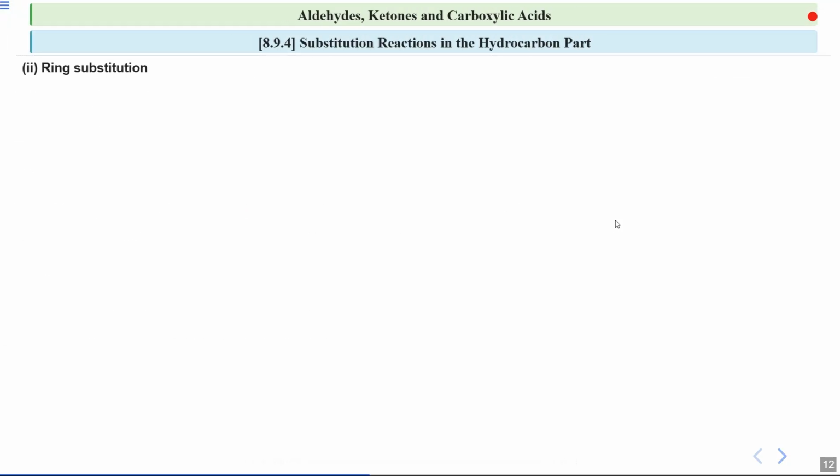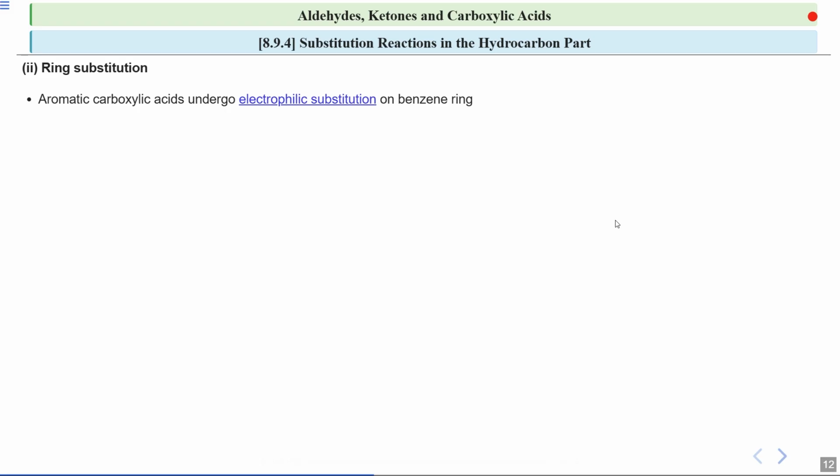Now we are going to discuss ring substitution reactions. This is section 8.9.4, where we will study substitution reactions in the hydrocarbon part. First, see that aromatic carboxylic acids can undergo a type of reaction called electrophilic substitution on the benzene ring.